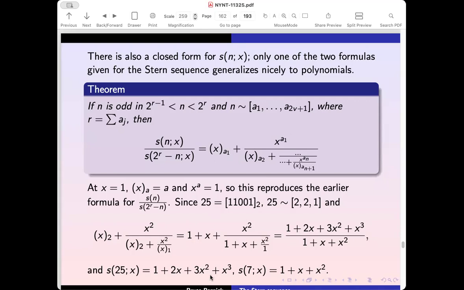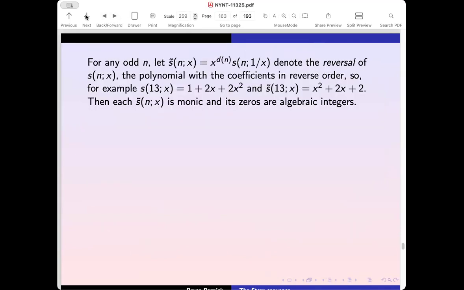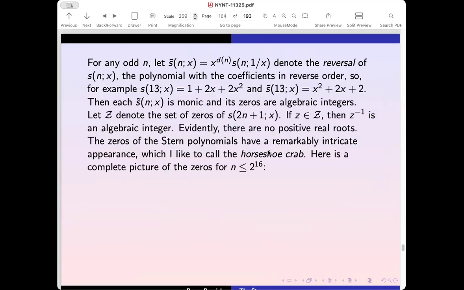And this is a way of calculating what S(25) and S(7) are from the continued fraction. If you do the reversal of the Stern polynomials, then you get a monic polynomial. And this proves that the zeros of S_{2n+1} are reciprocals of algebraic integers.